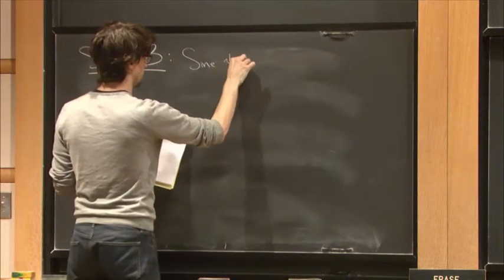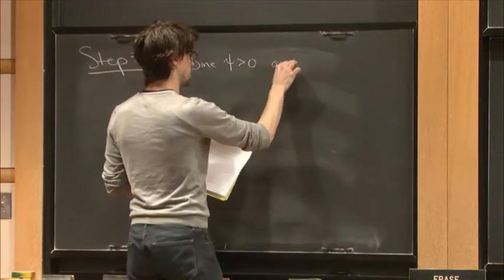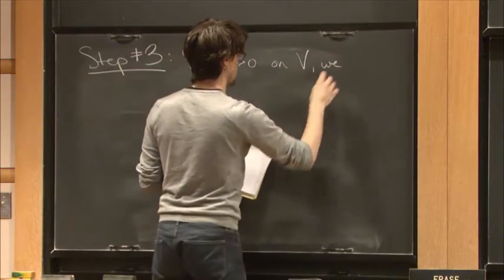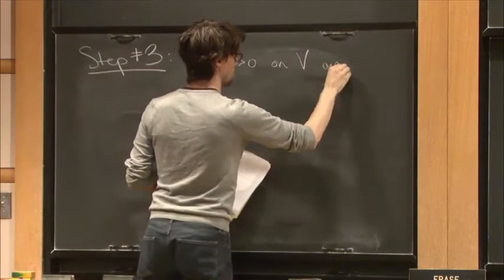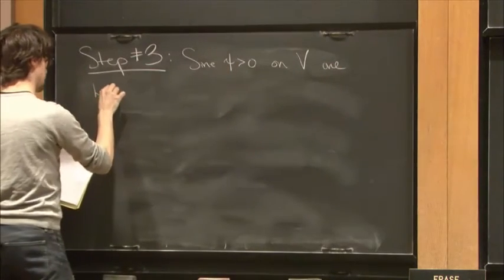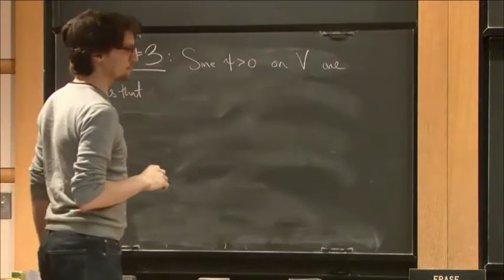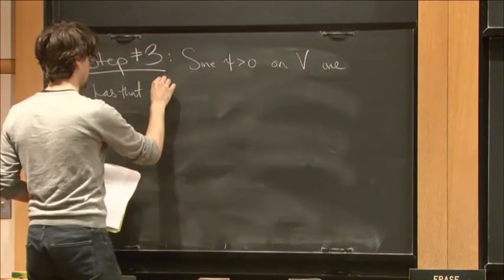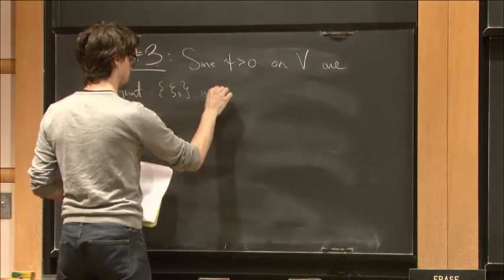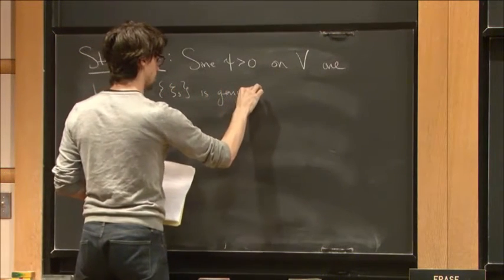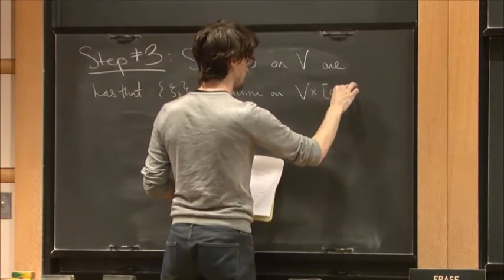Since you know that this function psi is positive on V, one has that this family of germs of contact structures is genuine on V times this interval.